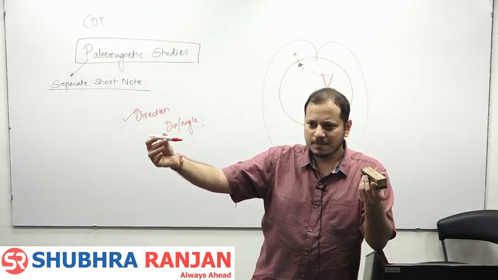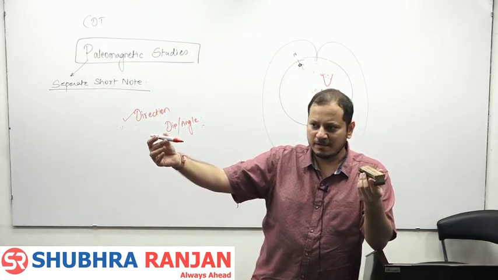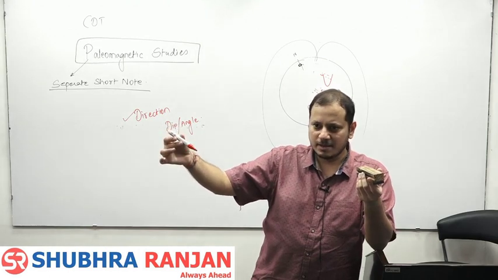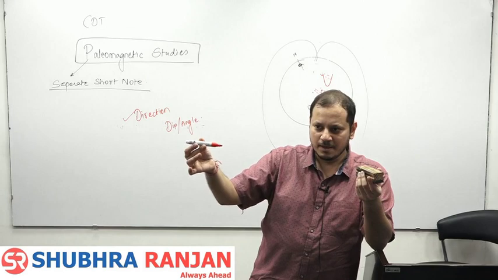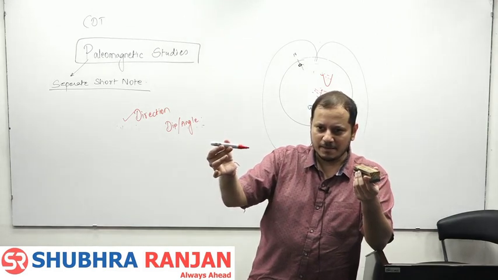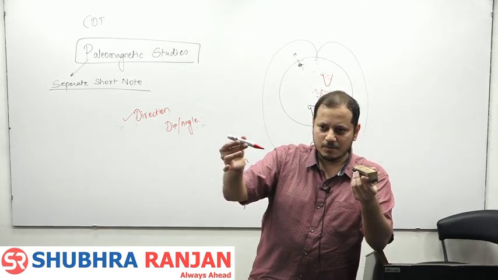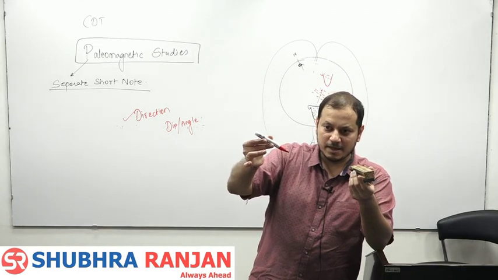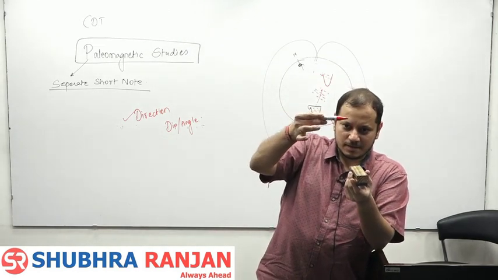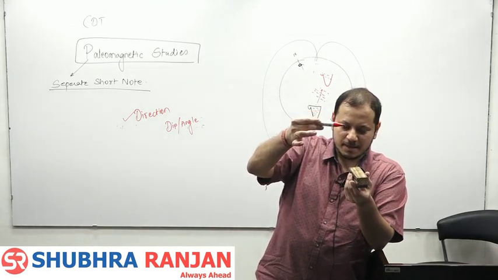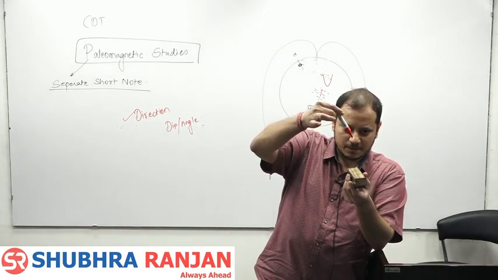It will be more or less parallel to the magnetic field, because it will be attracted towards the magnetic field. Here also it will be the same, but as it is coming nearer to the magnet, it will be attracted more towards the magnet, and when it comes exactly at the poles, the direction or the dip will not be parallel, it will be perpendicular to the magnet.